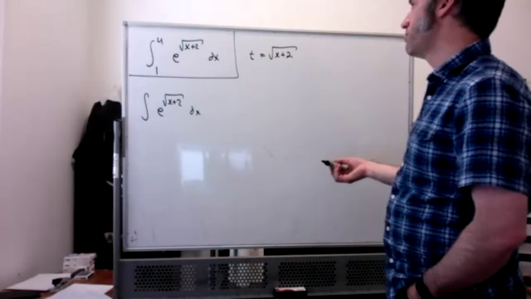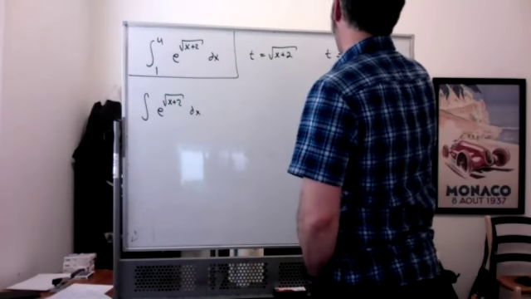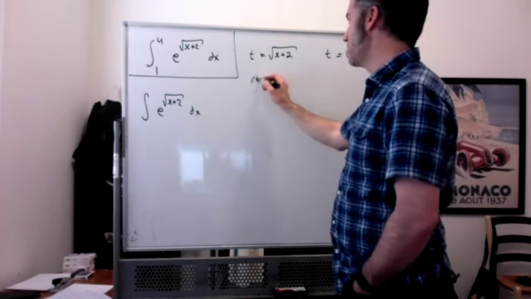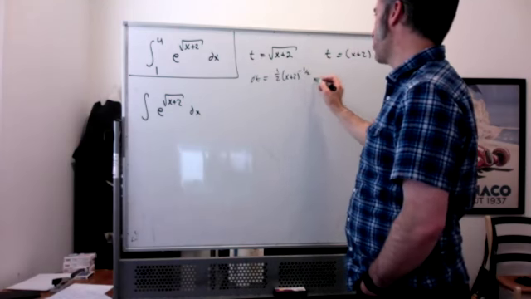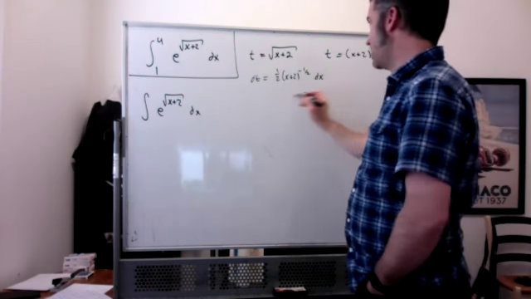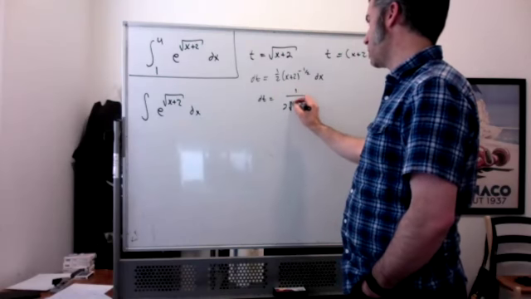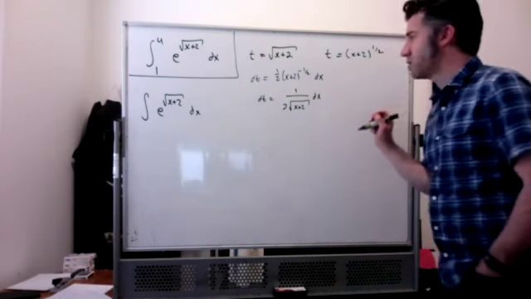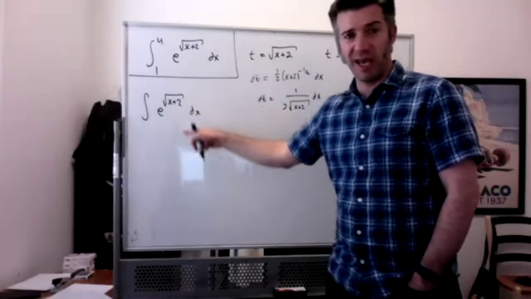So there's a couple ways to do this. So t is equal to x plus 2 to the 1/2. Your dt is 1/2 times x plus 2 to the negative 1/2 dx. So your dt is 1/2 times the square root of x plus 2 dx. So the thing is, I have e to the t, but I don't know how to deal with this dx.